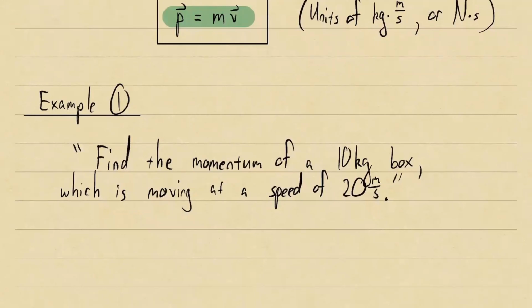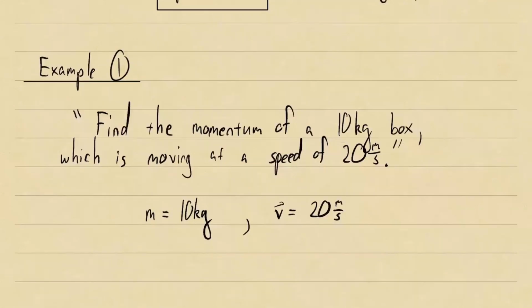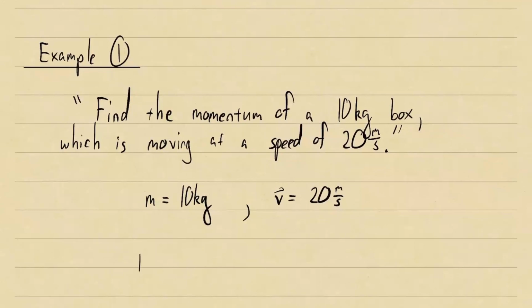So the mass of our object is 10 kilograms. And the velocity of our object, our velocity v, is positive 20 meters per second. So it's going to the right. In this case, our momentum is just this mass times this velocity. So it's going to be our mass of 10 kilograms times our velocity of 20 meters per second to the right.